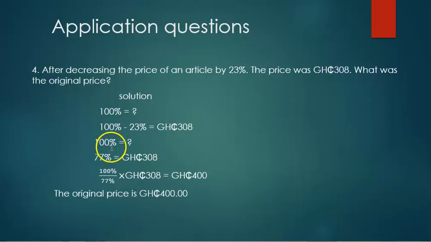Now if 77% is giving us 308, then for 100 we expect something big. So if we expect something big, then the smaller one will divide or the smaller one will come down. So we have 100% over 77% times 308 Ghana cedis. And when you do your computation and do your cancellations, you get 400 Ghana cedis. So therefore, we can say that the original price is 400 Ghana cedis.